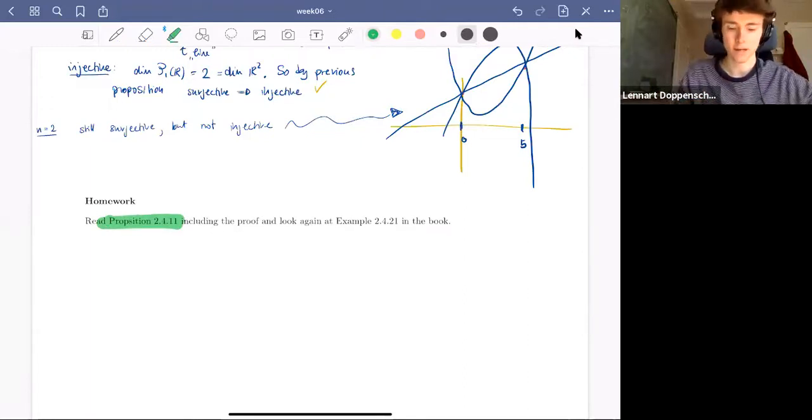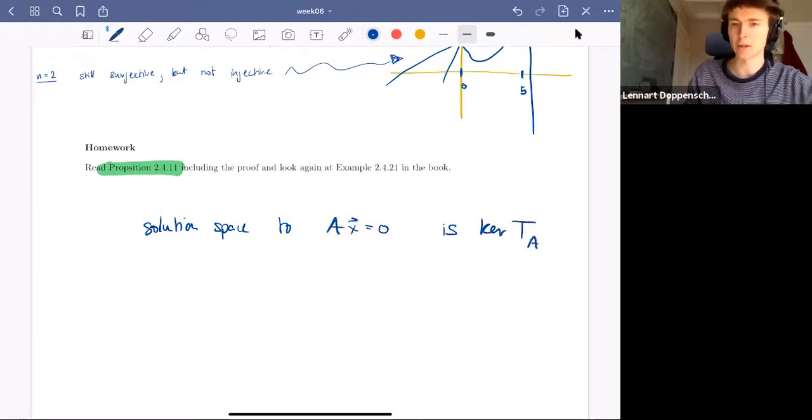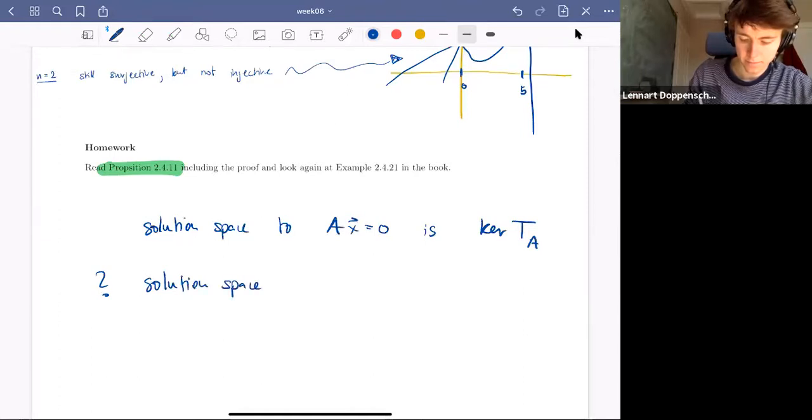It basically makes it more formal what the solution space is. So remember that I was saying that the solution space to Ax equals 0 is the kernel of the transformation T sub A. So now the question is, what is the solution space to Ax equals b for b non-zero?